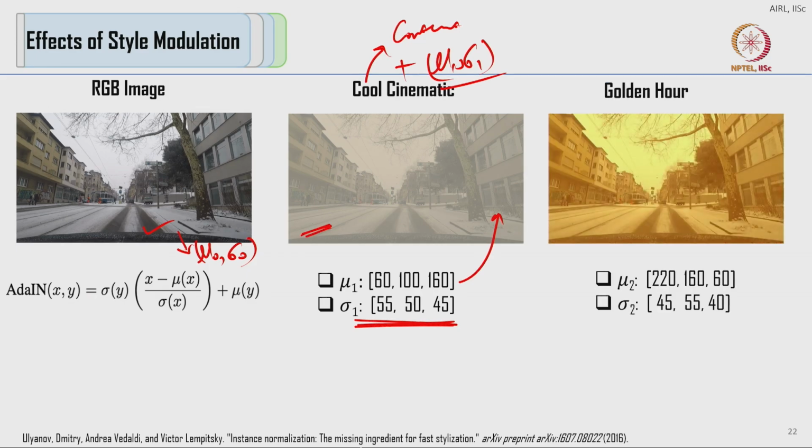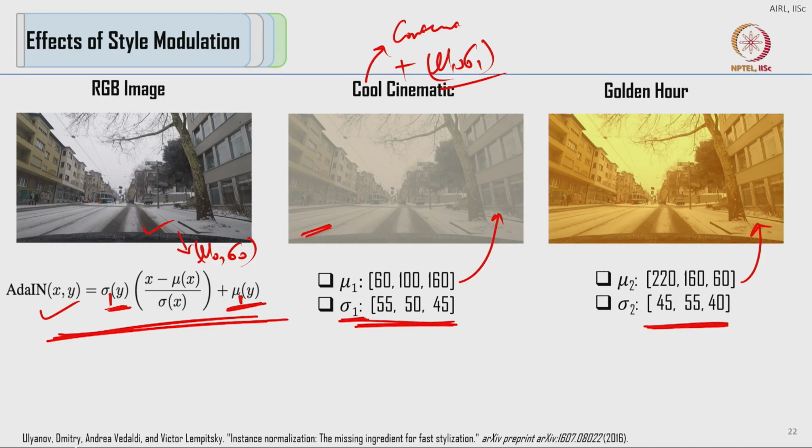Similarly, we can do the same for a different setup as well. We can have different mu and sigma and add them to the original RGB image, and we can see that the texture of the image changes. Now it's very hard to quantify the texture and content because they are overlapped in an image, but this is just to give you an idea what we mean when we say texture. Now we can use this particular equation, which is the adaptive instance norm equation, to attain either the cool cinematic or the golden hour view.